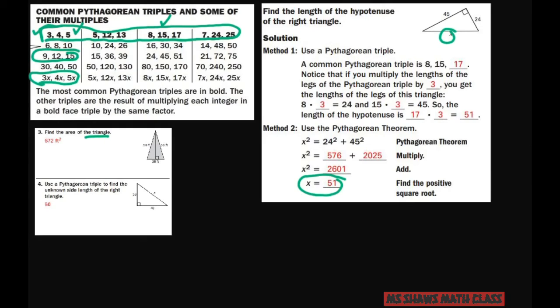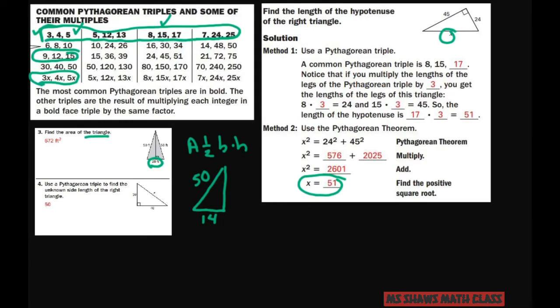Now we want to find the area of this triangle. We know the area equals 1/2 base times height. What we don't know is this height. So we're going to take half of 28, which is 14, and get that height. So this is 14, and this is 50.